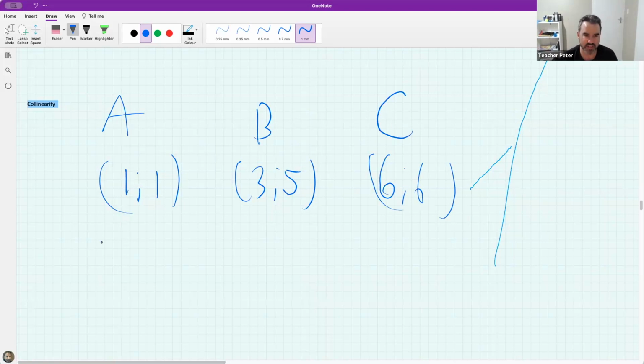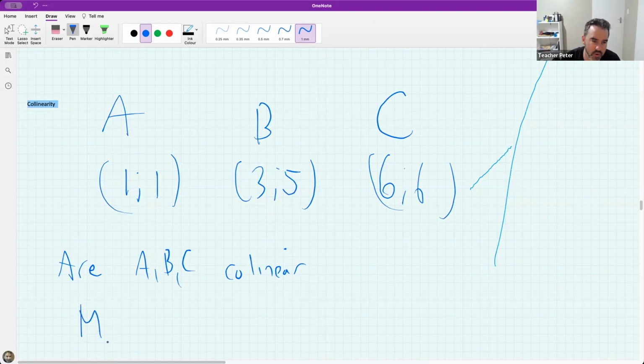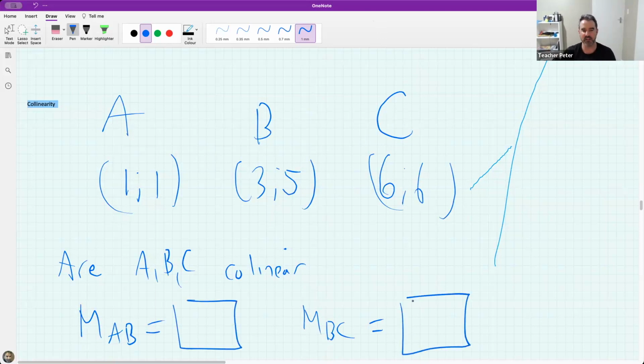Are they collinear? The way that we would do this is we would find the gradient between A and B, and we'd find the gradient between B and C, and then we'll make a decision.